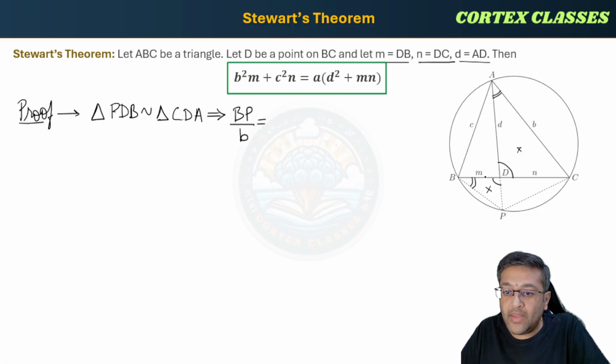That is equal to, if I pick m, BD length basically, अगर मैं m pick करता हूँ इस triangle से, so in that triangle it will be AD, that is d. So guys, from this we get BP is equal to m times b upon d.